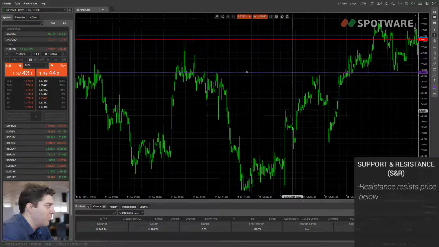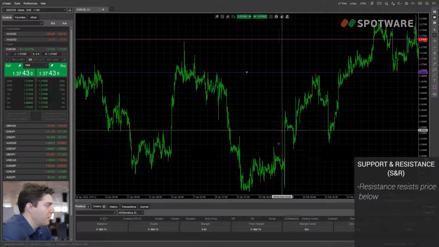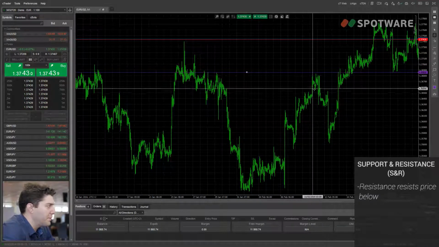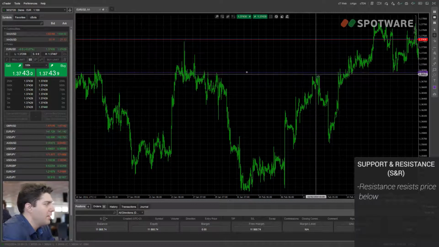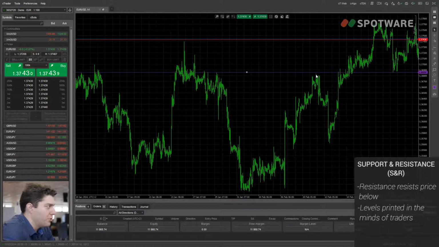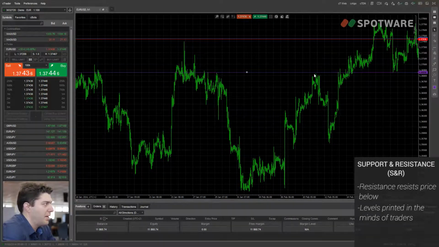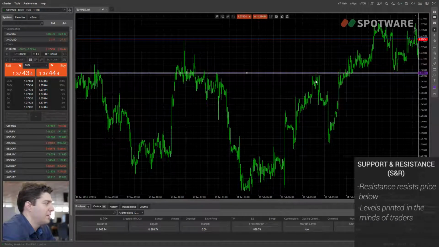And the people who wanted to enter in this below swing would wait for some retracement, which happened here. So at this specific level, a lot of people are closing their long positions using a short, and a lot of people are entering the market using again short because it's a previous point. And that's why in this place we have a big effect. So that's why support and resistance levels are important, because they're printed in the minds of traders.